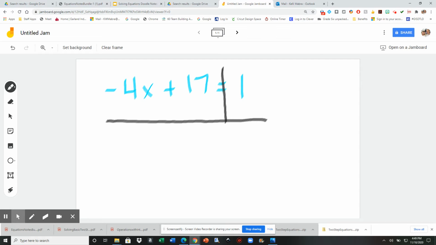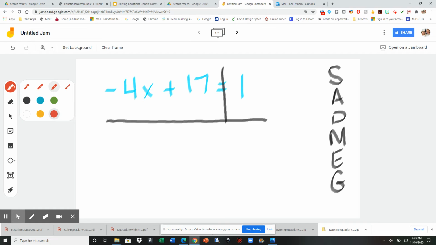We like to say that it's the order of operations backwards. So if you want to remember, it's called SADMEG, because that is our order of operations backwards, GEMDAS backwards. If you just think of the words, your adding and your subtracting goes first, and your multiplying and dividing goes second, then that would help you in solving the problem.